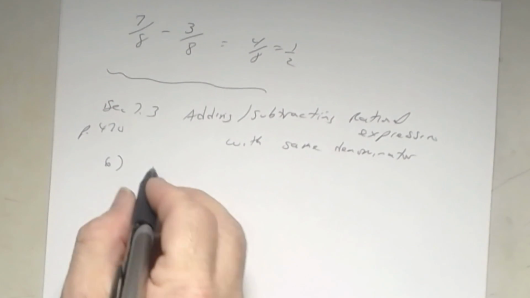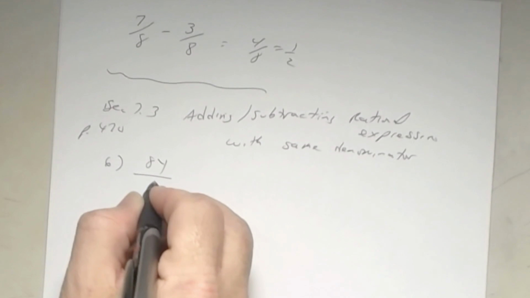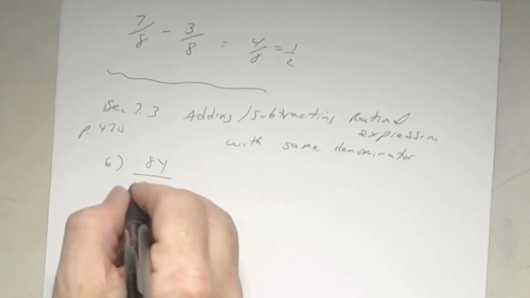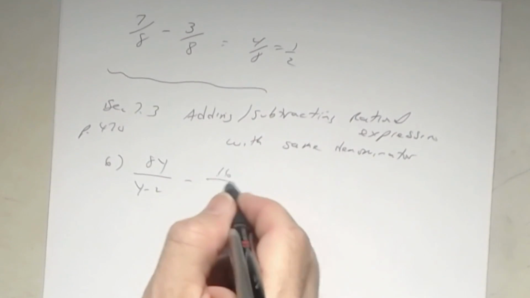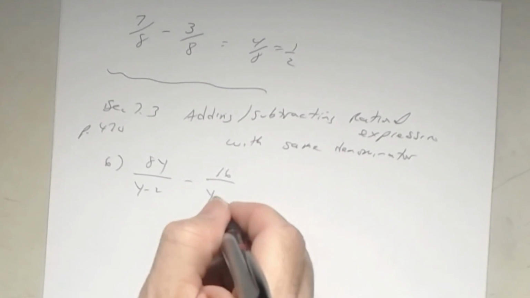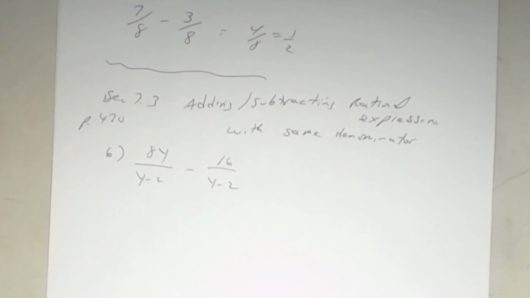Okay, you have 8y divided by y minus 2, subtract 16 divided by y minus 2. Don't make it difficult. You're subtracting 2 fractions. The denominators are the same, right?